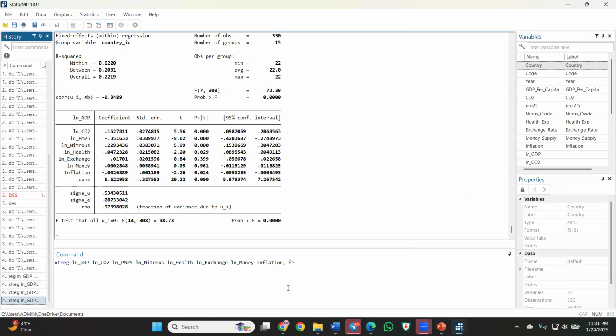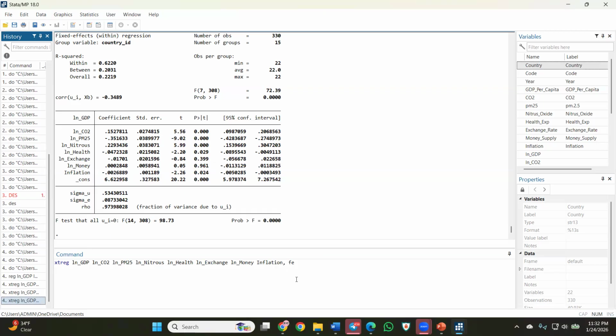So the RE is the random effect, and then the FE is the fixed effect model. The fixed effect model and the RE, they are the basic panel models. The RE accounts for unobserved heterogeneity.